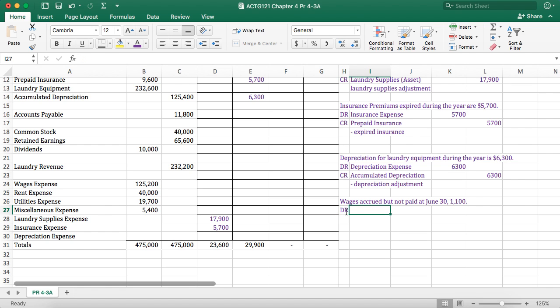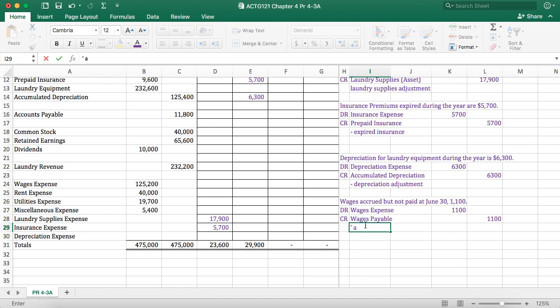So that's a debit to wages expense and a credit to wages payable, because we're going to pay those, just not in this time frame. 1,100. And accrued wages.